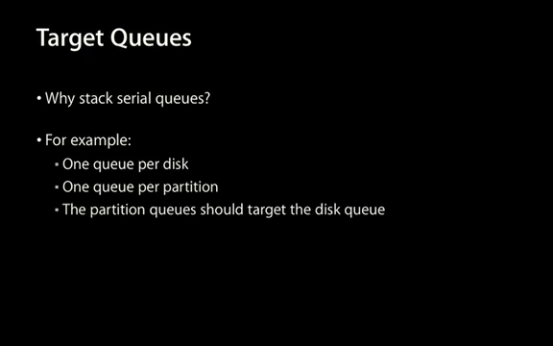Well, there's actually a few cases where this can be pretty beneficial. One practical example is maybe you recognize that a hard drive is essentially a serial device. There's only one, well, conceptually only one read and write head on the disk seeking around. So perhaps you've looked at the devices that are attached to the machine, and you've created a queue hierarchy that models these physical disks. And you have one queue per disk, and perhaps you have one queue per partition, and so what you're trying to do is optimize your I/O to say, well, I really don't need to be writing or reading from more than one partition at once, because I'm doing a bunch of bulk data, and I don't want to be thrashing the disk.